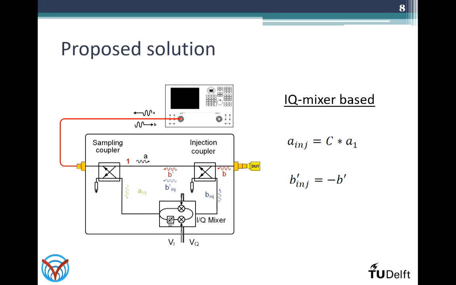The solution we propose is an HGV mixer-based interferometer. We sample the power coming from the VNA with the sampling coupler. We send it then to an HGV mixer. The HGV mixer can modulate the input signal with the two DC voltages that we call I and Q. The signal is then injected back on the measurement path in order to cancel the B wave that is coming from the DUT.